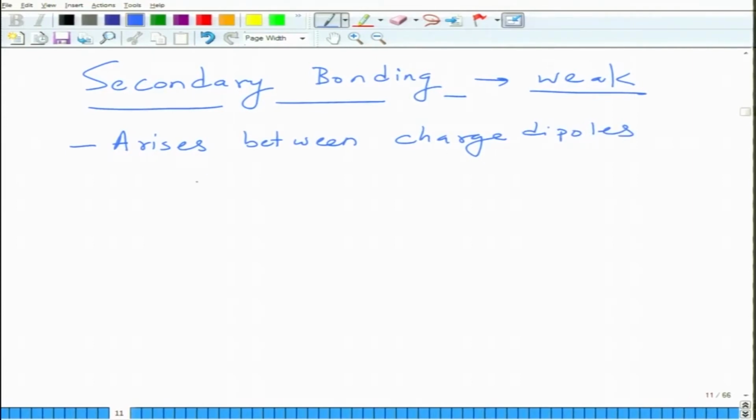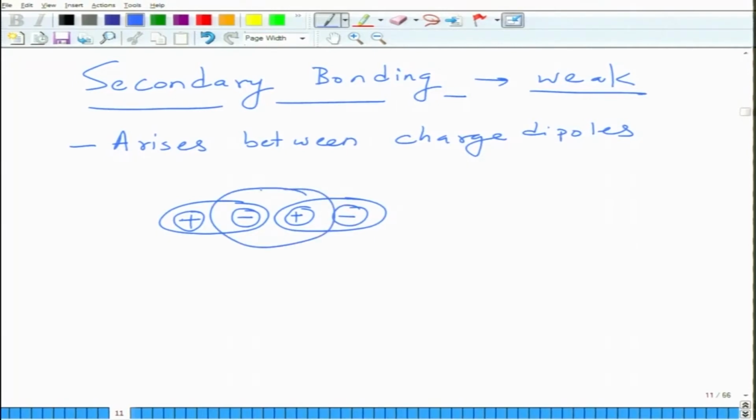For example, let us say you have a situation like this, where normally the center of negative and center of positive charges will coincide, but let us say you have a center of positive charge here and center of negative charge here, and similarly you have a neighbor which also has a similar configuration, center of positive charge here, center of negative charge here. These two attract each other, and they form what is called a secondary bond.